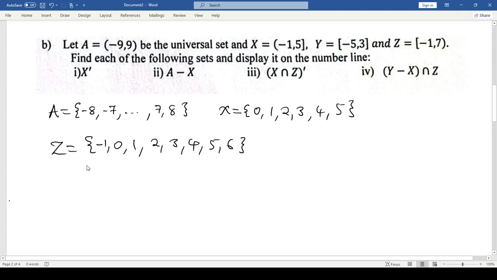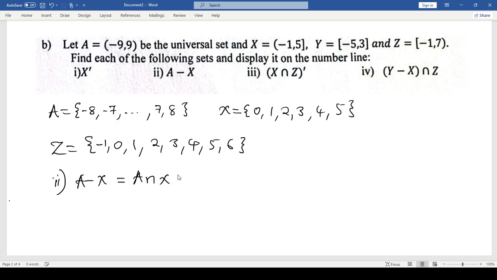Okay, then let's also go to this set that we have here. That's the second question. So we have A minus x. This simply means A intersection x complement. Basically, we just list all the elements that are present in A, which is the inverse set, but are not present in x.